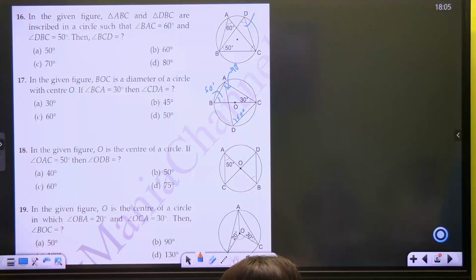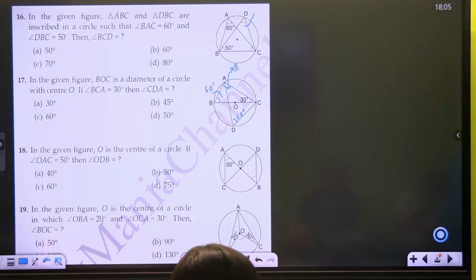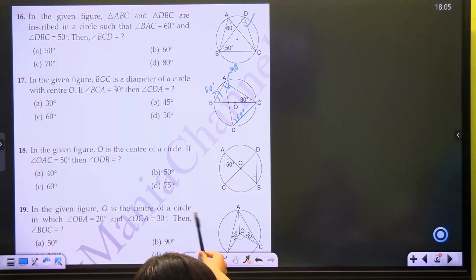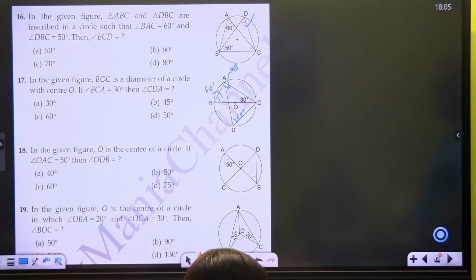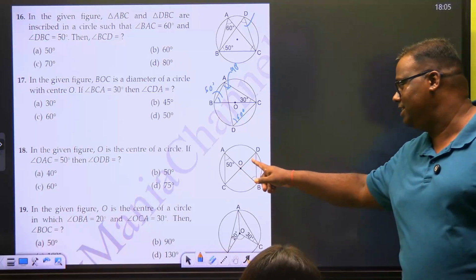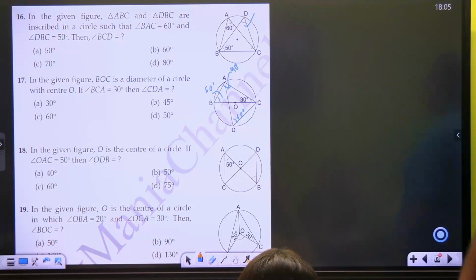Is it? No, 50. No. It is not necessary that they will be congruent. These four sides, this side are equal. You can't say the fifth side will be equal.